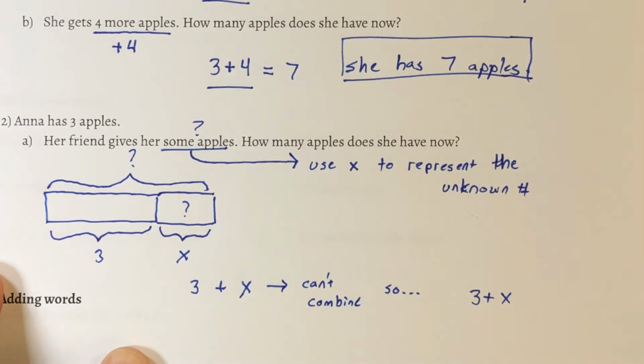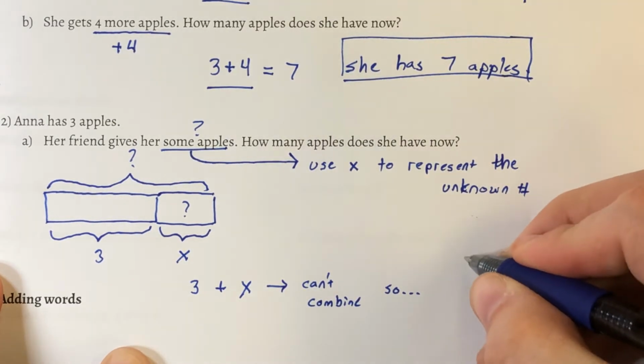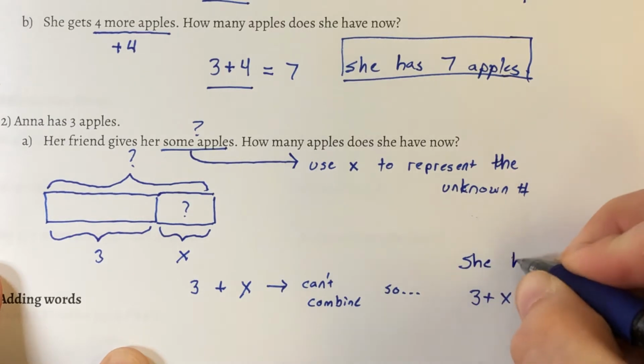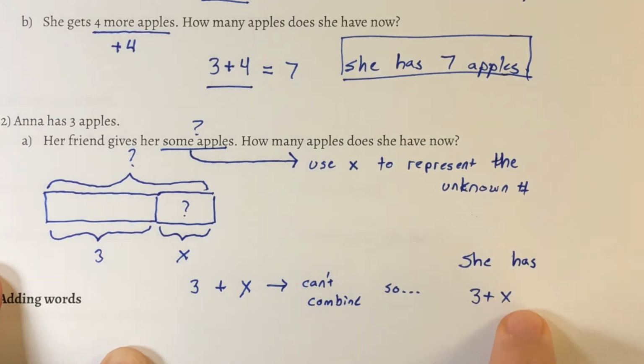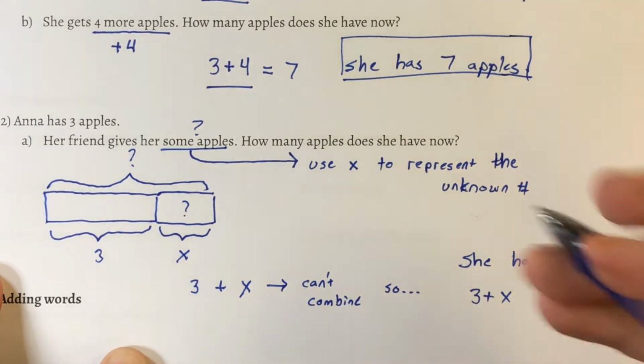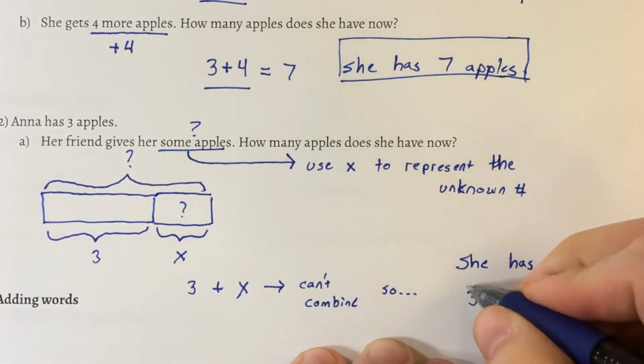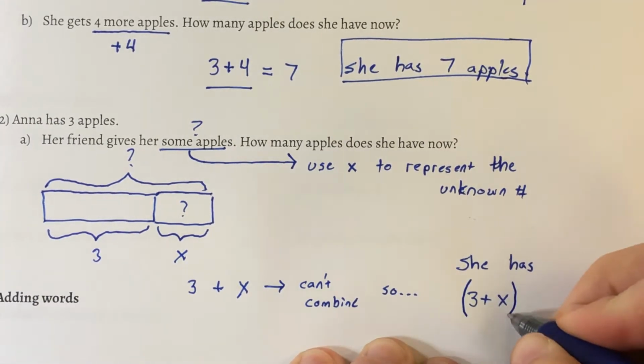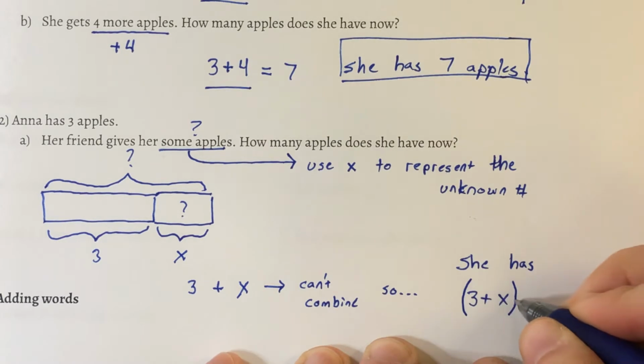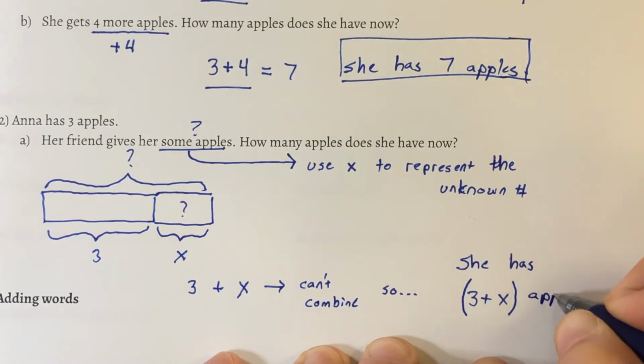Now we're going to put that in a sentence, of course. So we're going to say she has 3 plus x. Since this is one whole answer and we need to put a label on it, we're going to put this in parentheses. She has 3 plus x apples.